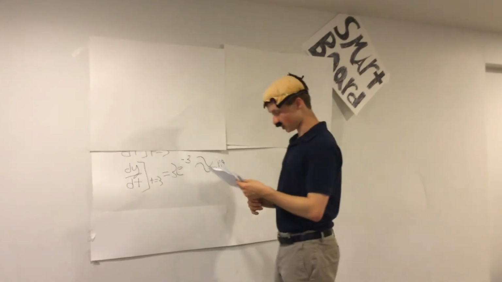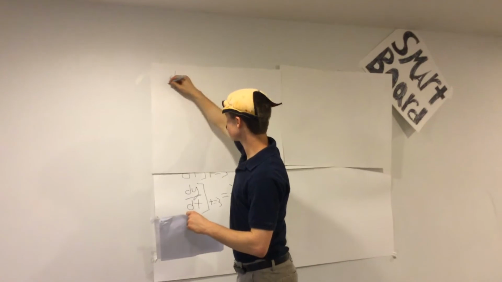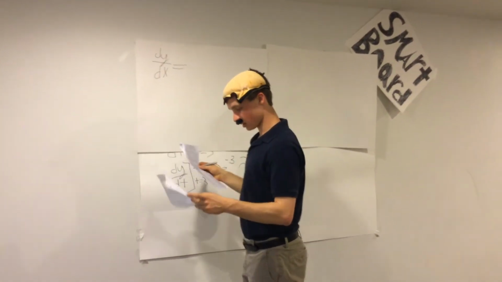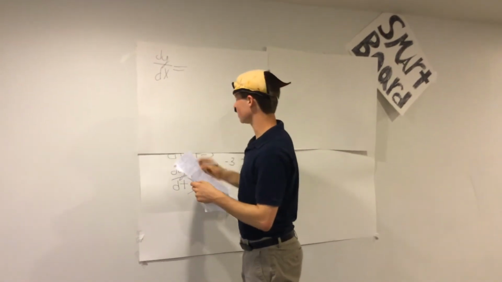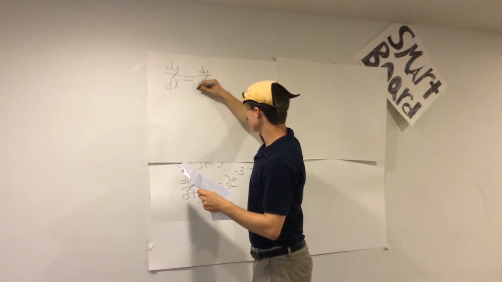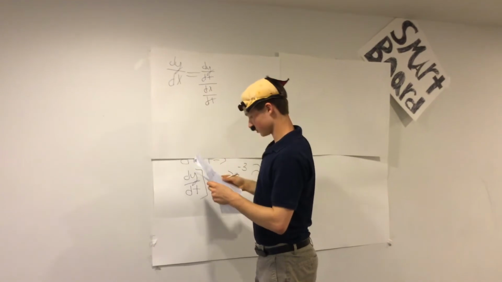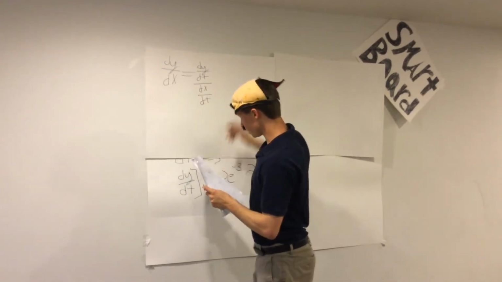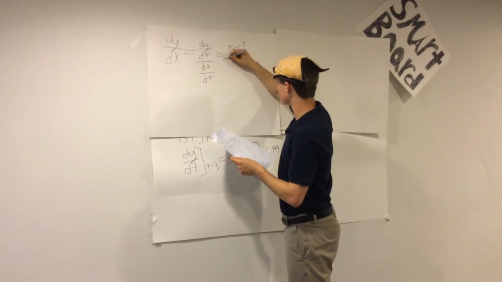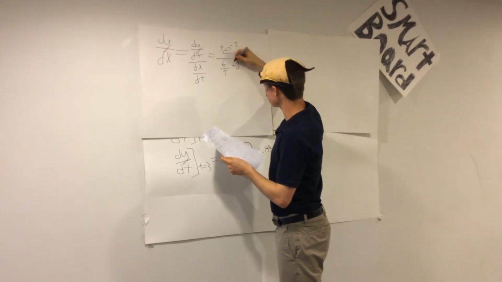Alright, part B. dy/dx equals dy/dt over dx/dt, which equals t e to the negative t over 6 over t minus 3 to the 1/3.